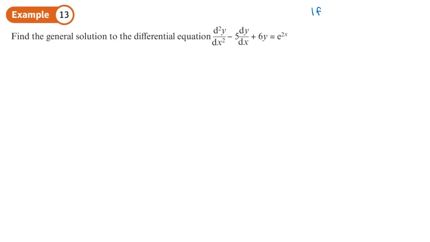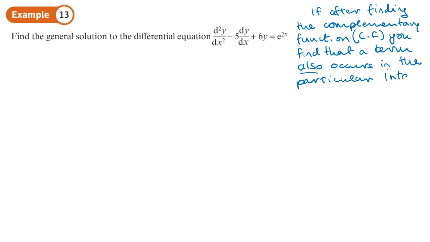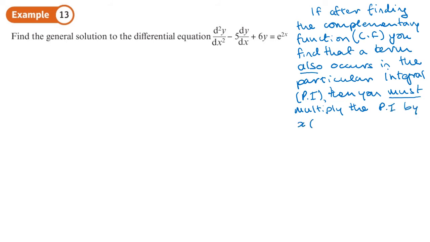So if after finding the complementary function, that's the CF part, you find that a term also occurs in the particular integral, that's the PI part, then you must multiply the particular integral by x, or maybe even x squared.